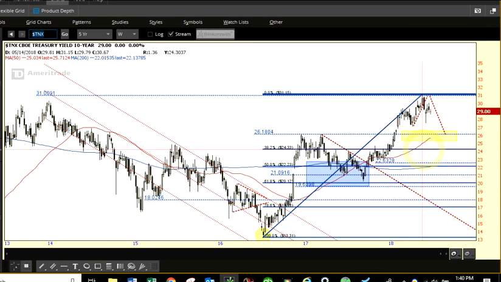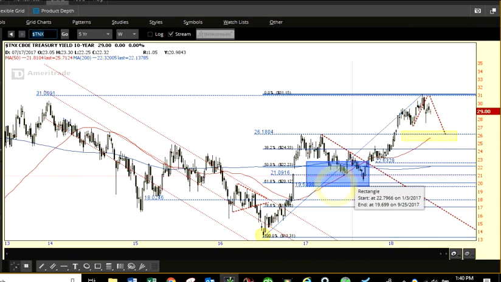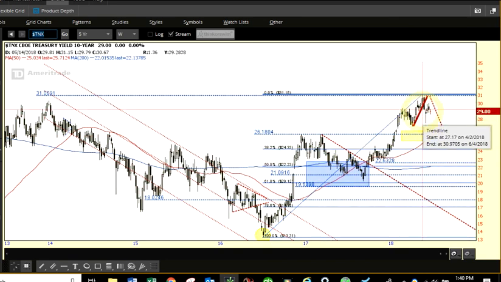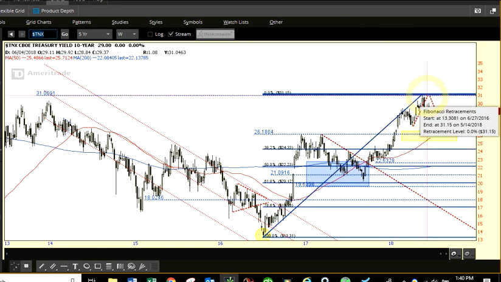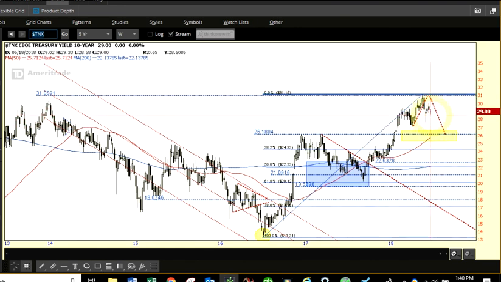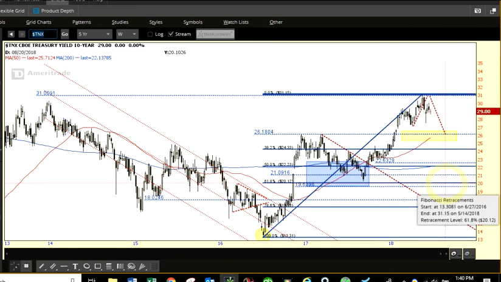My experience is it's got to at least go to the 38% if this wave one here is complete. So maybe look for the 10-year to rally a little bit and then sell off, and maybe sell off as much as all the way down into this area around 2%.